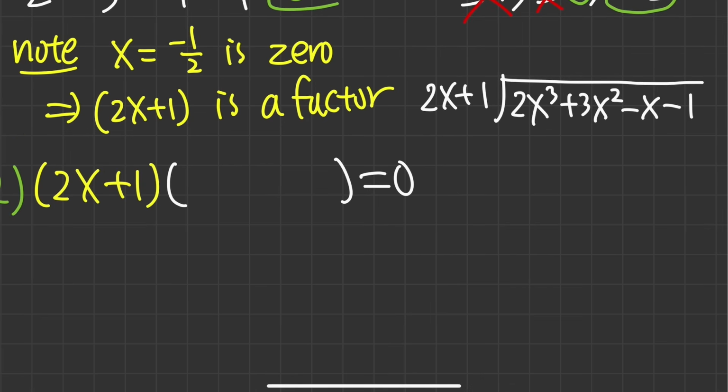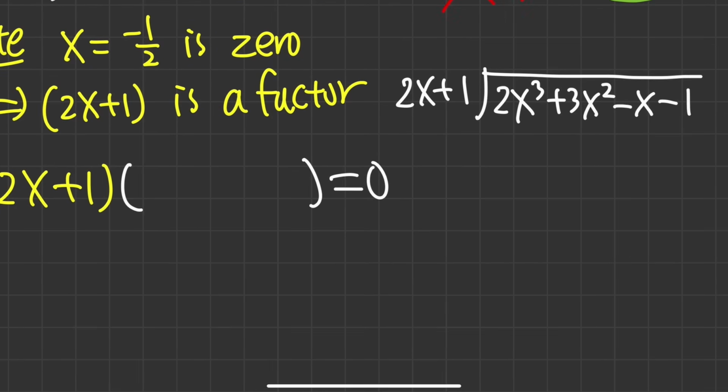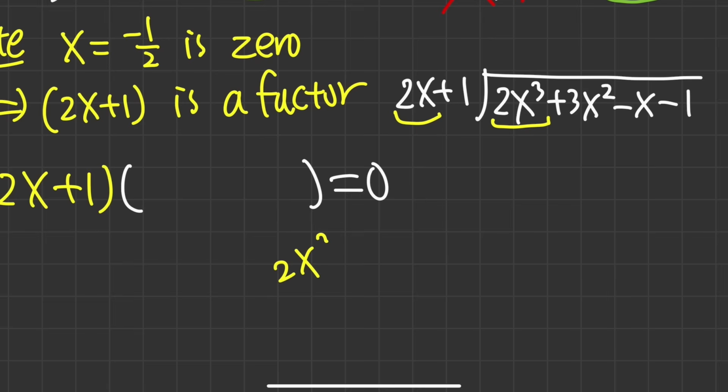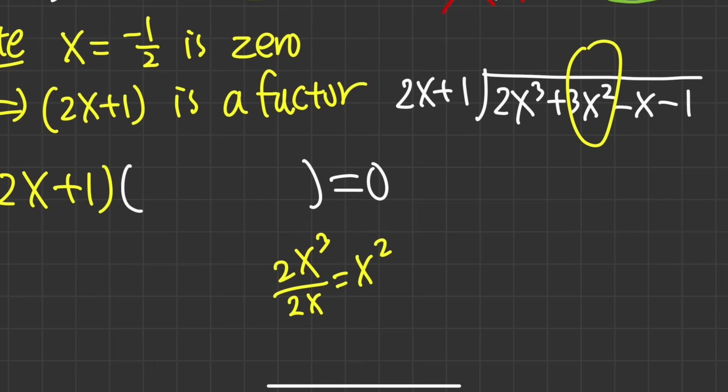Now let's just focus on this right here a little bit. What you want to do is compare the first term on the inside and the outside. So 2x to the third power divided by 2x. We need x squared. So that's x squared, and we will have to line up right here. So let's put down x squared here. And then you will take x squared, multiply with both terms.